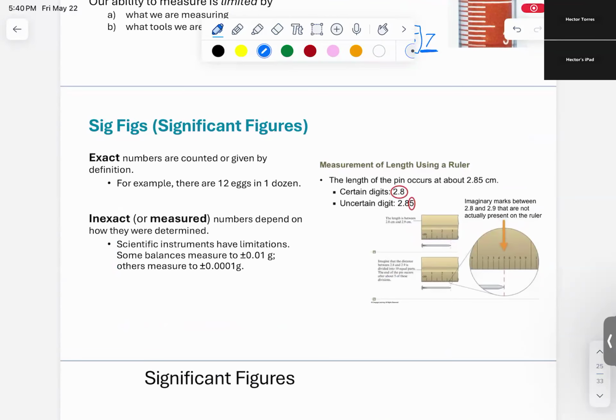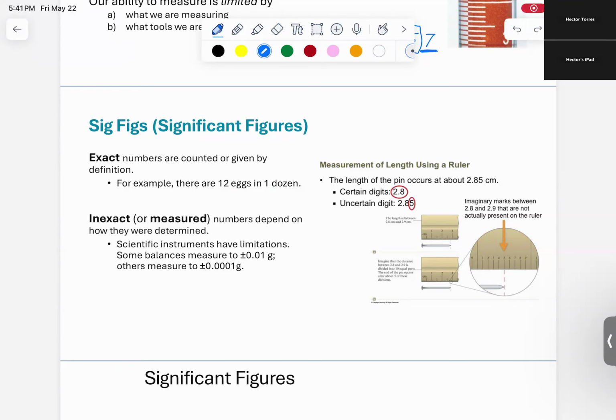When we're looking at these, one thing is that there are numbers that are exact, and I know for a fact, no matter how many decimals, it is correct. For example, there are 12 eggs in a dozen. A lot of the conversion factors are going to be exact numbers, and they don't have any significant figures.